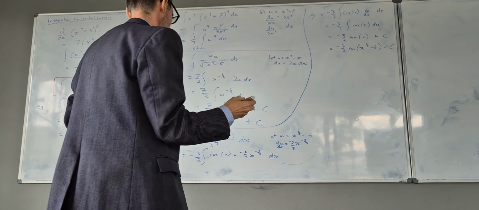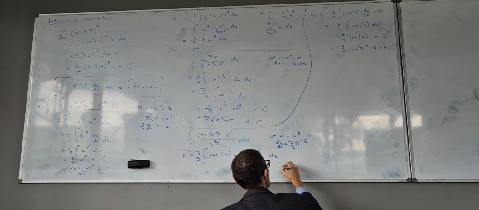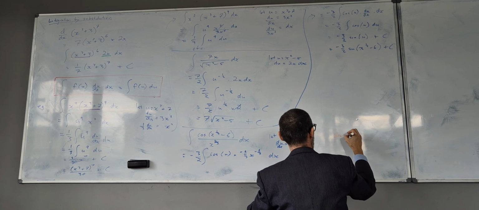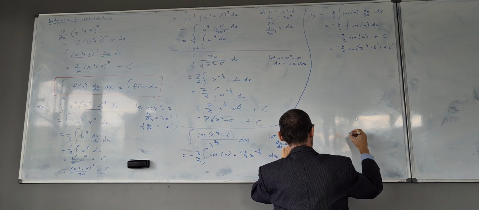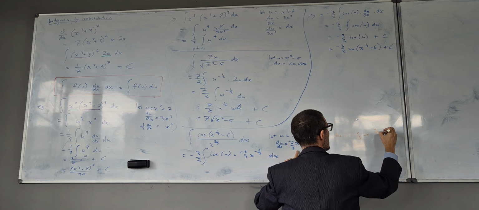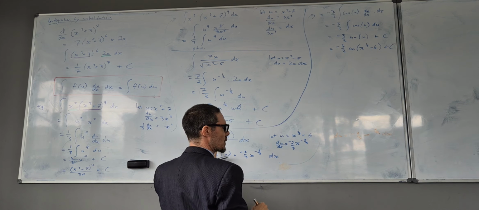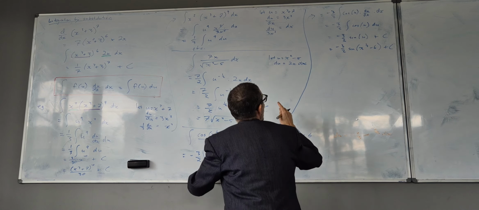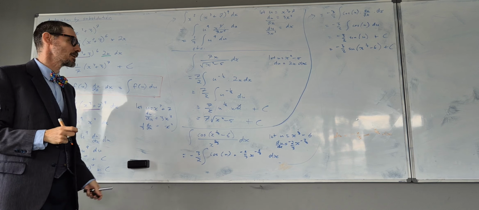Now, I personally would have gone quicker. I would have gone what we had before. From here, I would go du is negative 2/3 x to the minus 2/3 dx, and I've already got x to the negative 2/3 dx, so I've just gone straight to that, and saved myself a couple of steps because I know where I'm going.